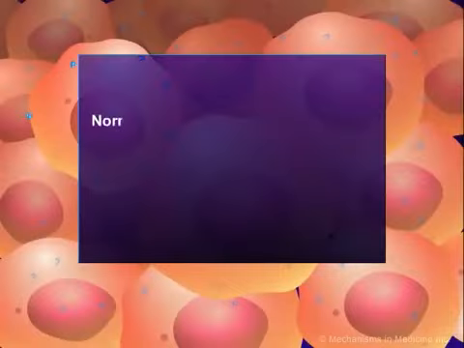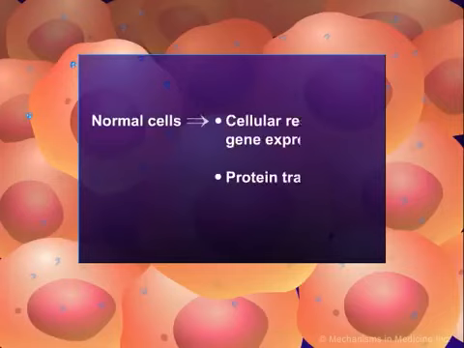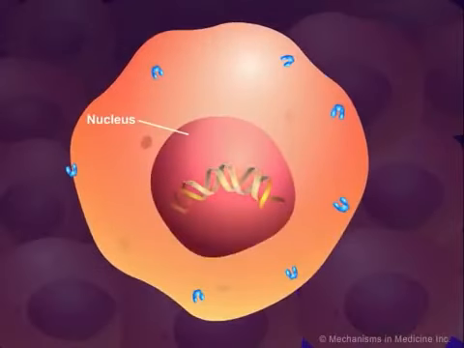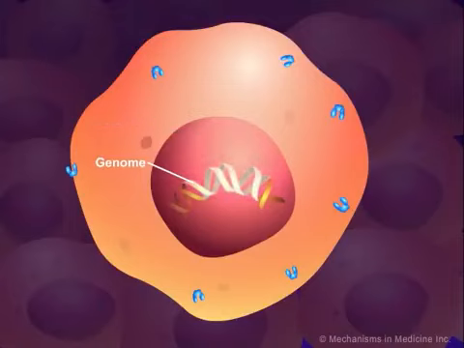In normal cells, the production of cell surface receptors is limited by cellular restraints on gene expression and protein translation. In tumor cells, however, mutations in the genes encoding for the receptors disrupt this finely tuned regulation, and too many copies of the gene are produced, a phenomenon called gene amplification.